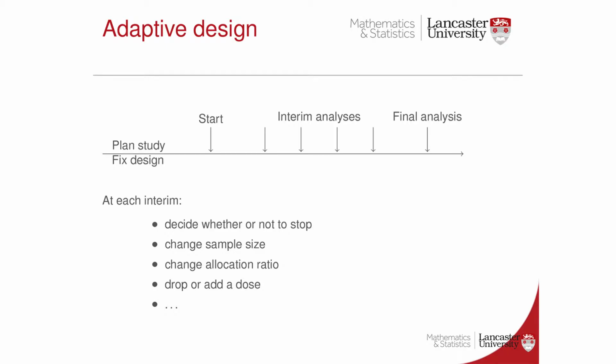An adaptive design, in contrast, starts still off with planning, fixing a design. Notice I'm not talking about fixing a sample size here anymore. You start the study, but rather than wait possibly for years until you have recruited enough patients, you look at the data a couple of times at so-called interim design points.